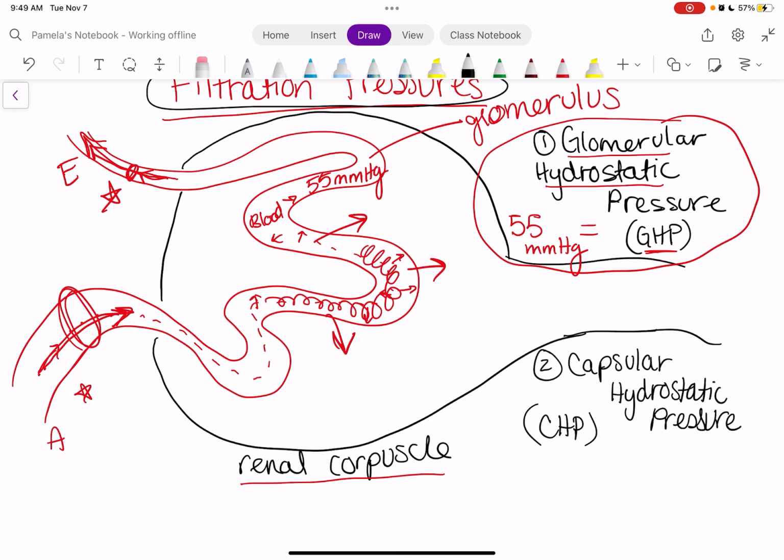We can imagine some fluid has been coming out here into the capsular space, and that fluid is collecting out here. This fluid, we now call filtrate. It used to be all that small stuff in our blood, but now it's out here. It's some water, glucose, ions, urea, different small substances.